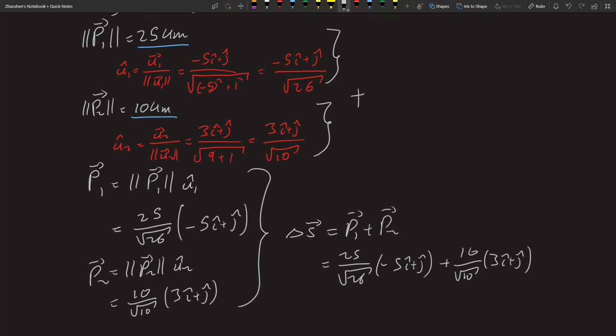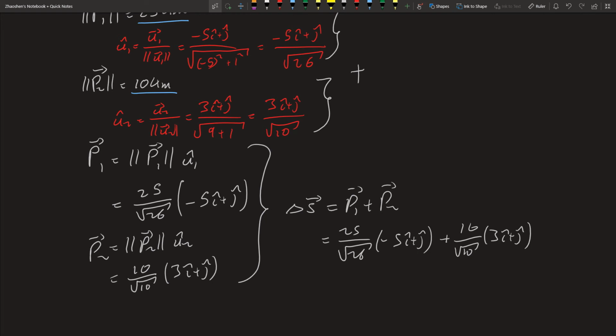I think you can distribute and simplify, grouping the i terms and j terms. You will get delta S is approximately equal to negative 15i plus 8j.